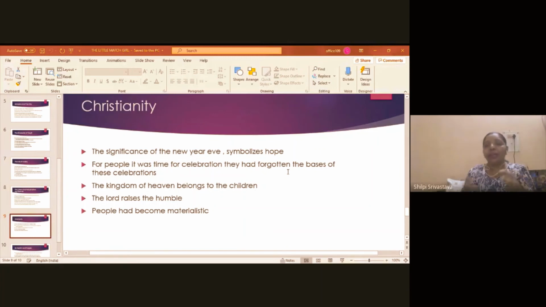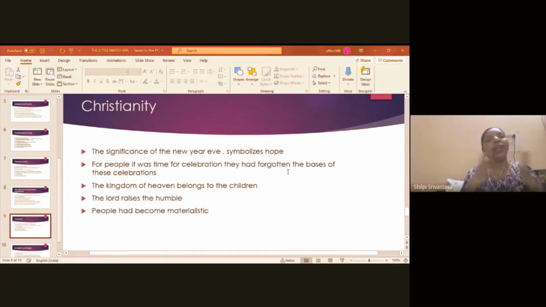There is a parable that refers to it. If you want, you can search on Google: the parable about the children. Here, in a very specific manner, Christ has mentioned that your heart should be as pure as a child. If you have a heart which is as pure as a child, you are welcome to the kingdom of heaven.